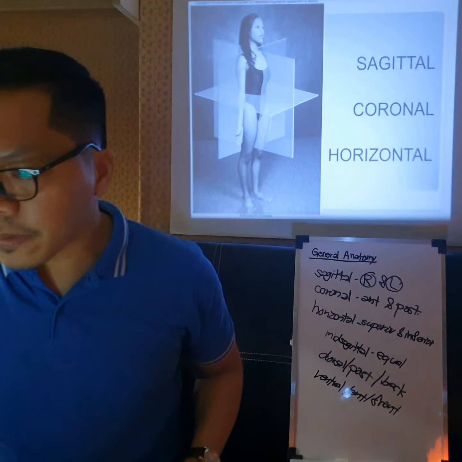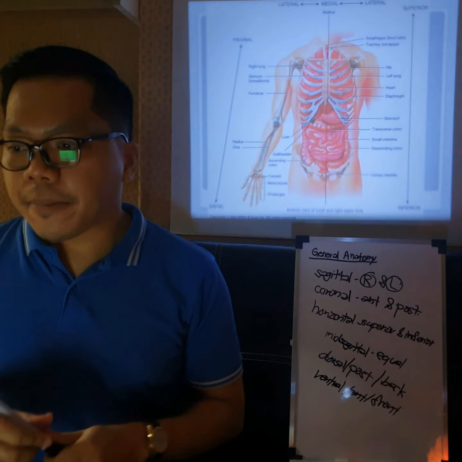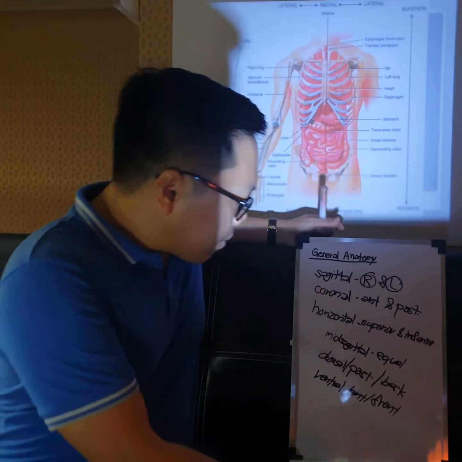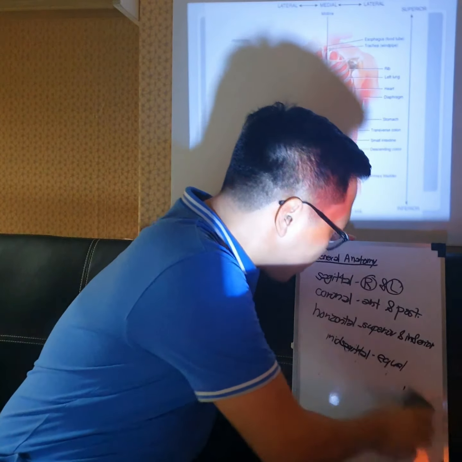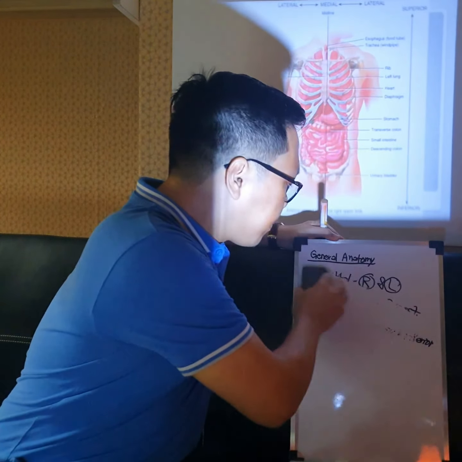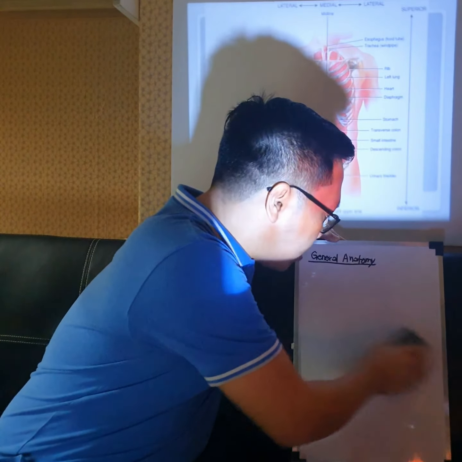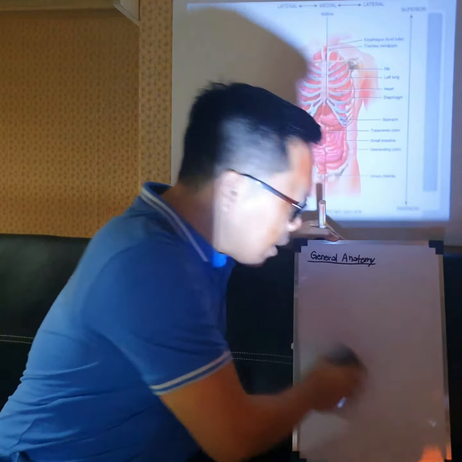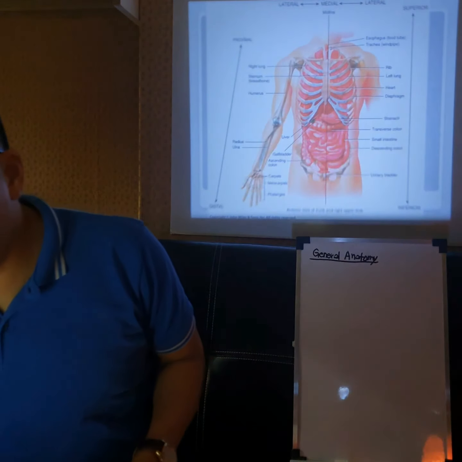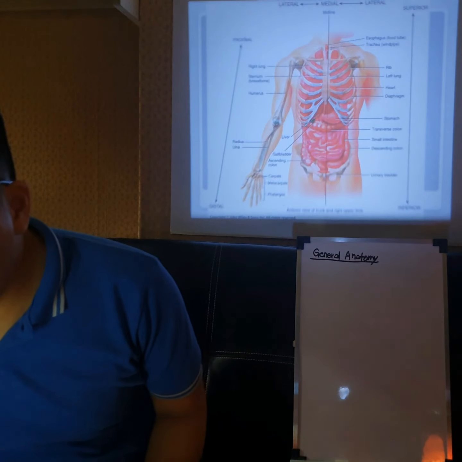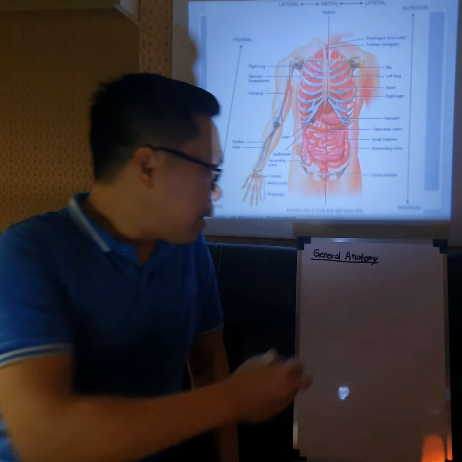What are the other terms na kailangan nating maalala? Okay, so recall lang to ha. Okay, ano pa yung nakikita nating mga terms diyan sa picture natin? So, we also have proximal and distal.